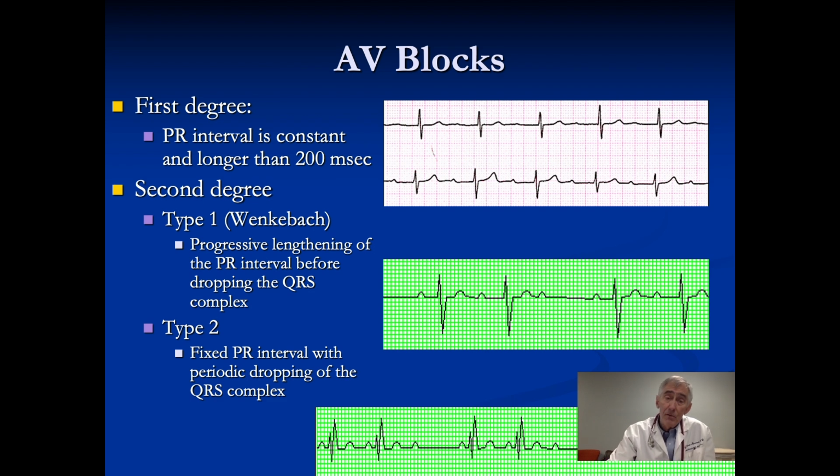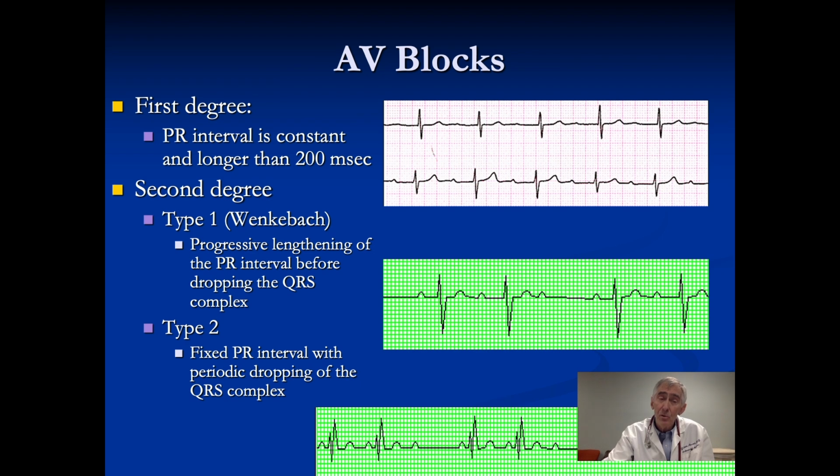Now notice with type 1, the PR is shorter than the last one before you have that dropped beat. So we have PR prolongation, and the PR post-drop is shorter than the one pre-drop. Then the RR interval here is less than the interval between two PP intervals. So this is type 1 second degree AV block, found in athletes, high vagal tone, and that.